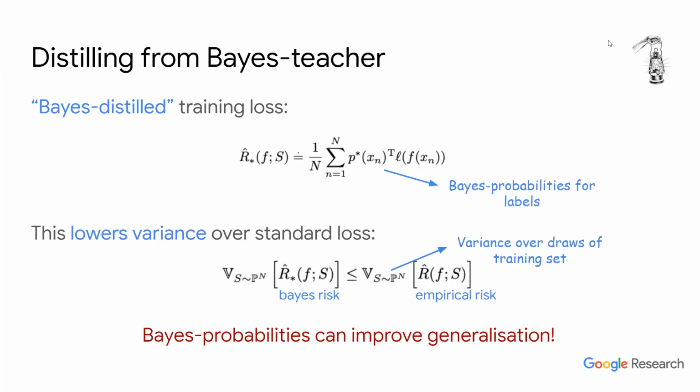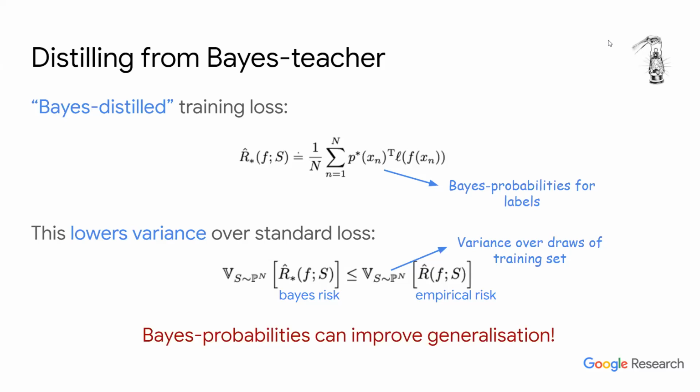This is a kind of packed formulation, but it is essentially quite simple. Let's consider the variance of the Bayes risk and the variance of the empirical risk. The empirical risk is what we usually solve during training, and the Bayes risk is what we can get from the Bayes distribution. This is always true because we have a short proof of that.